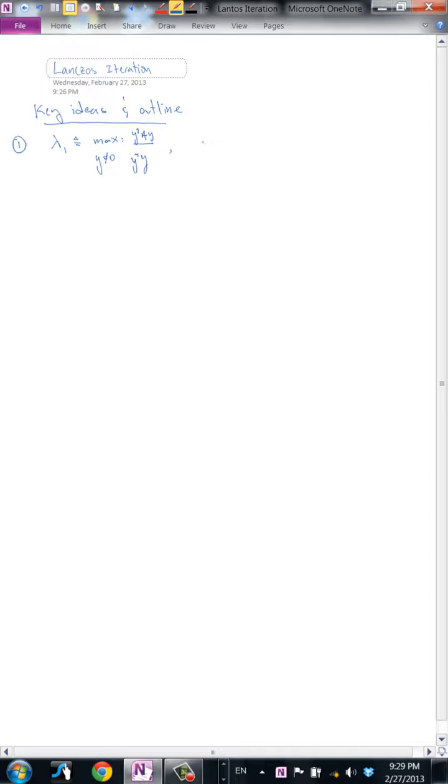And similarly, lambda n, the smallest eigenvalue, is the minimum over all y different from 0 of y transpose Ay divided by y transpose y. Notice that this max and this min are over all of Rn.